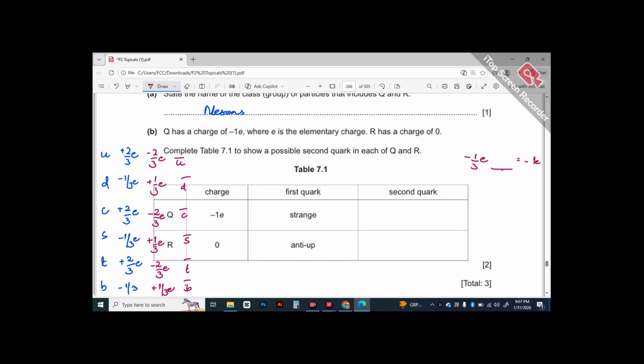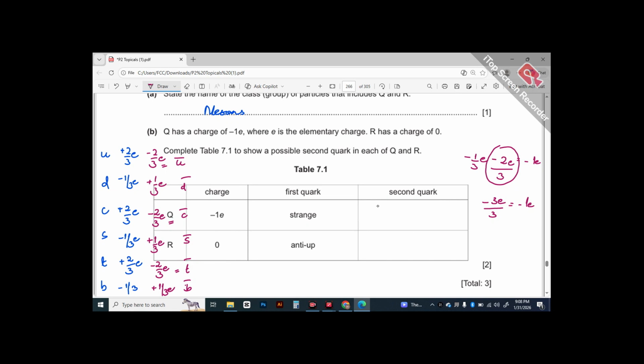What should be the value here? It should be minus 2 by 3e, so that it gives you minus 3e over 3, which is nothing but minus 1e, right? Now, who does this charge belong to? Minus 2 by 3 belongs to anti-up, anti-charm, and anti-top.